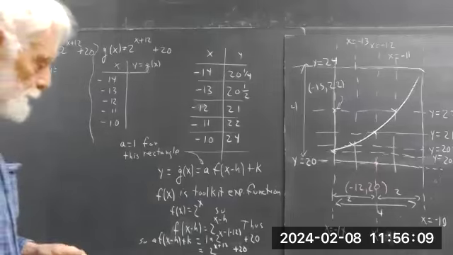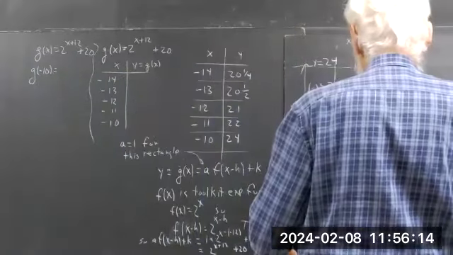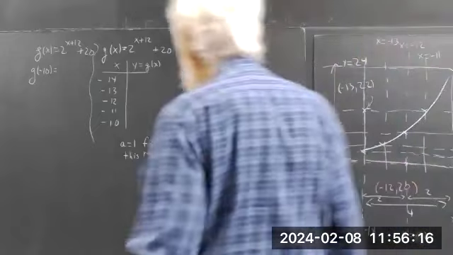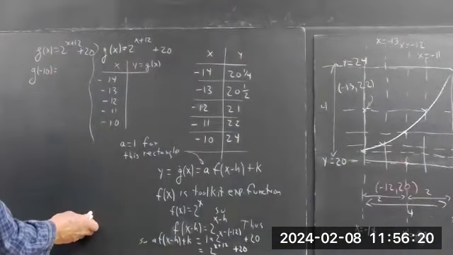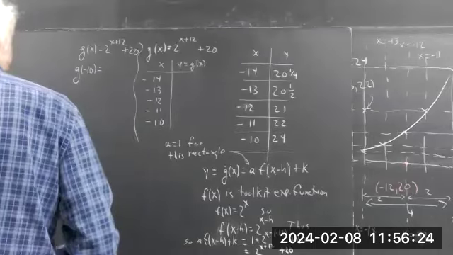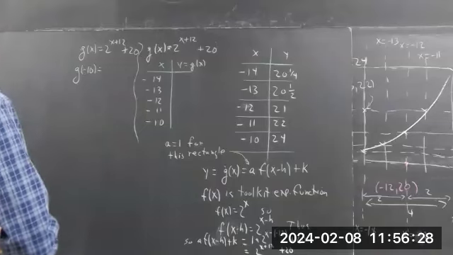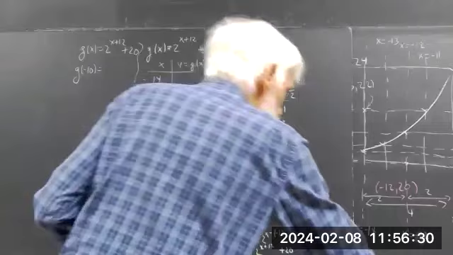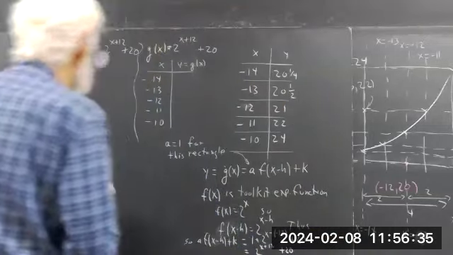I've written this a little bit smaller than I probably should have. I'm trying to keep everything on the picture. I guess I could have zoomed it. This is really important.